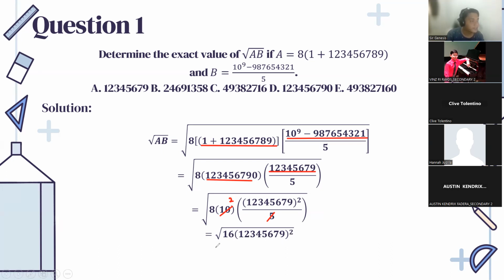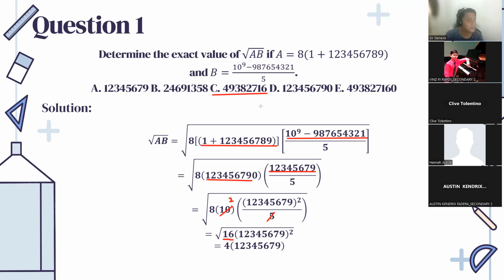Now 16 here is also a perfect square, so we just simplify that. It will give us 4 times 1, 2, 3, 4, 5, 6, 7, 9. If you've already gotten this far in the solution, if you look at the choices, we can already get the letter of choice directly, since only C will give us a value close to 48,000. Here it is 49,000.